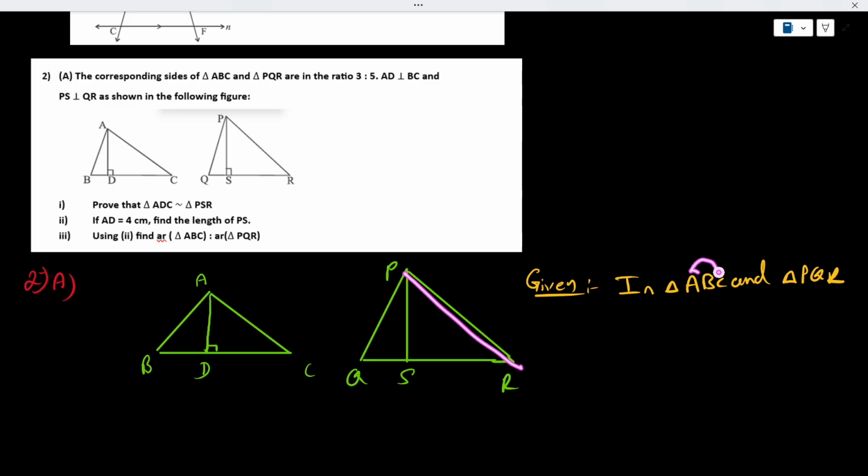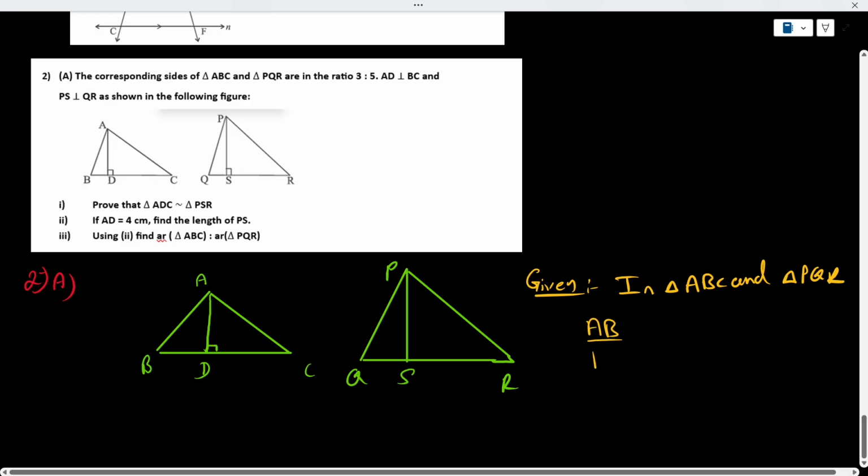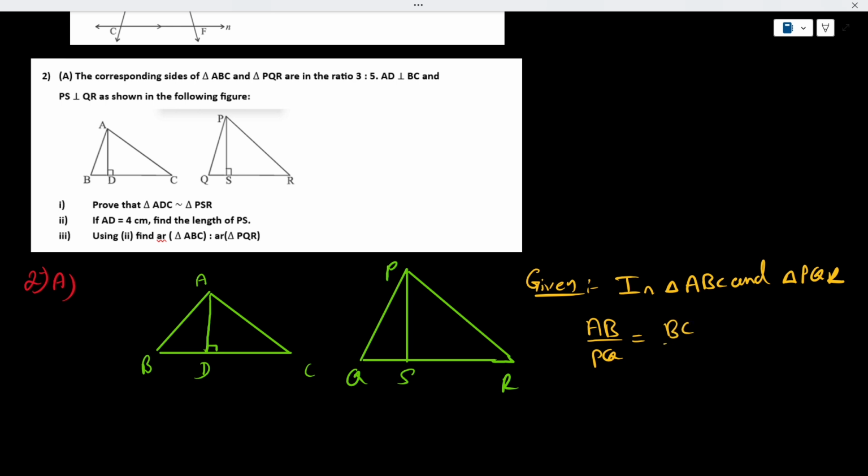So here also you can see A to C, here you will go P to R. That's called correspondence, right? So write down the ratio: corresponding side ratio is 3 is to 5, means AB by PQ is equal to BC by QR is equal to AC by PR, which is equal to 3 by 5, because it's given in the question, right?